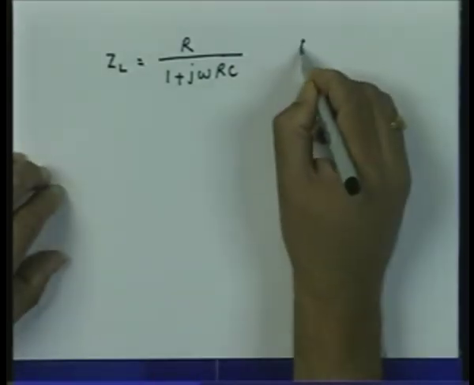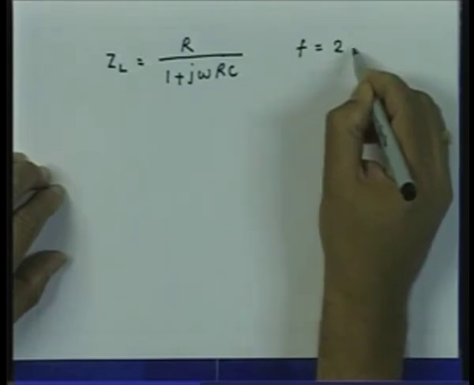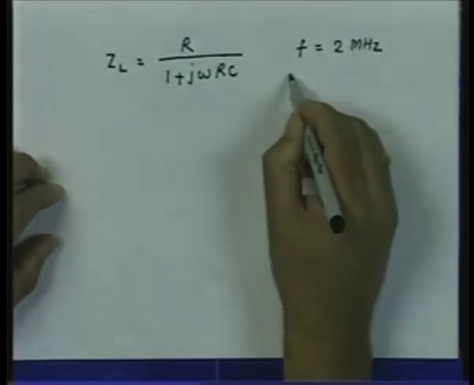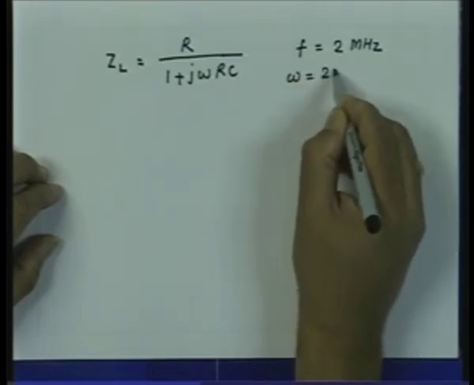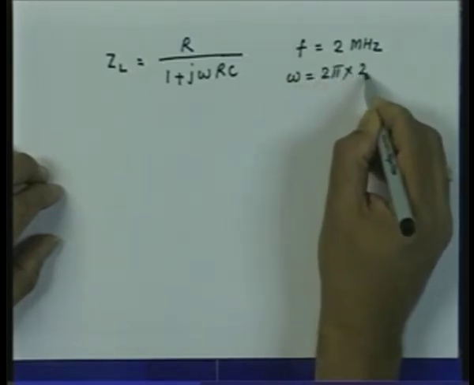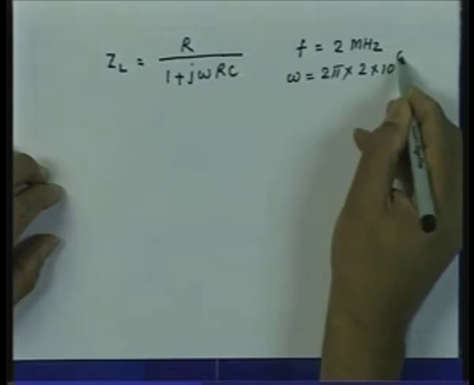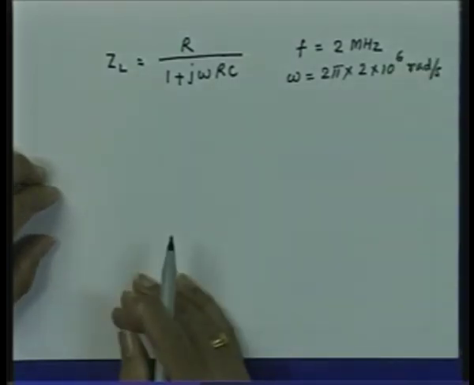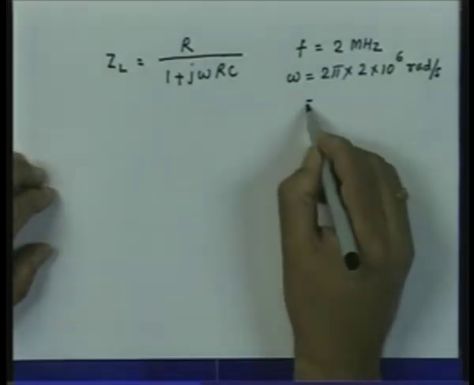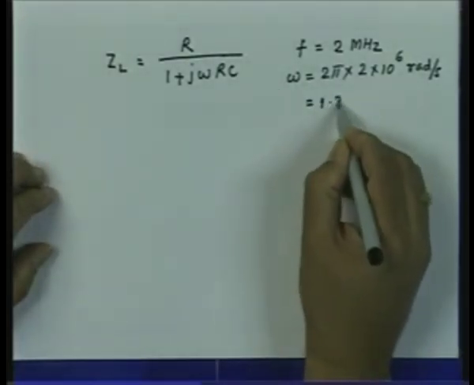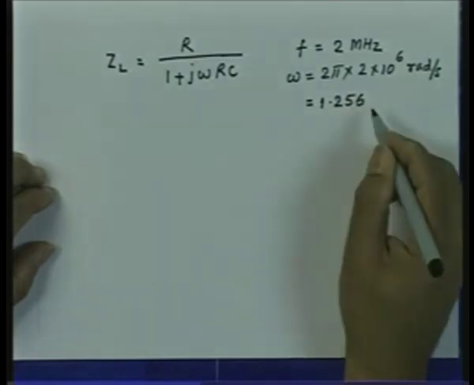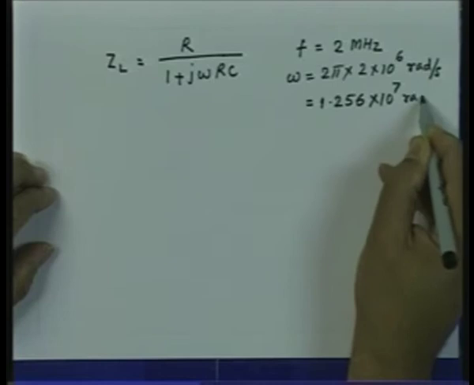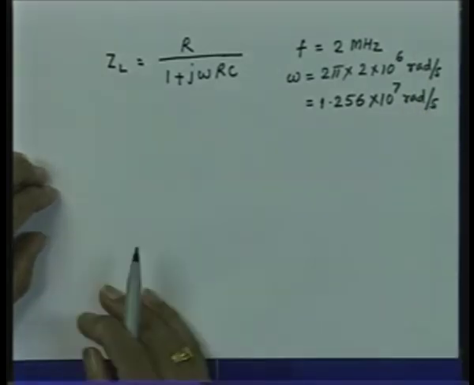The frequency which is given is 2 megahertz. So, the omega at that frequency is 2 pi into 2 into 10 to the power 6 radians per second. So, omega will be 1.256 into 10 to the power 7 radians per second.